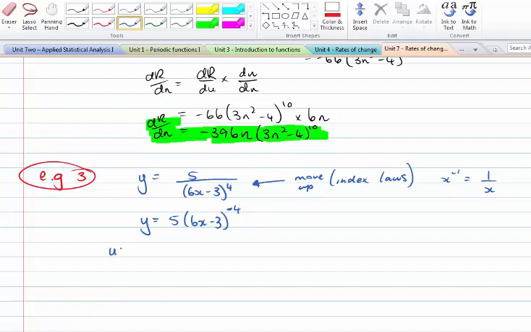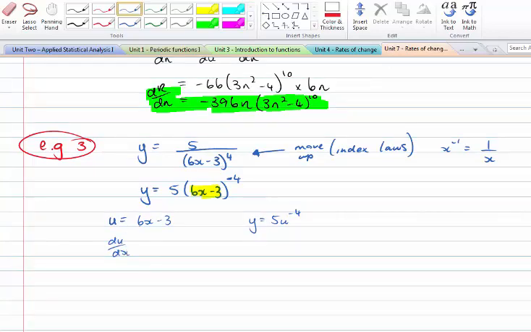So u will be equal to our internal function, 6x take 3, and therefore y will be equal to 5u to the negative 4. du dx, so u with respect to x, will be 6, and dy du, we multiply by negative 4, so we get negative 20 u to the power of negative 4 take away 1, which is negative 5.